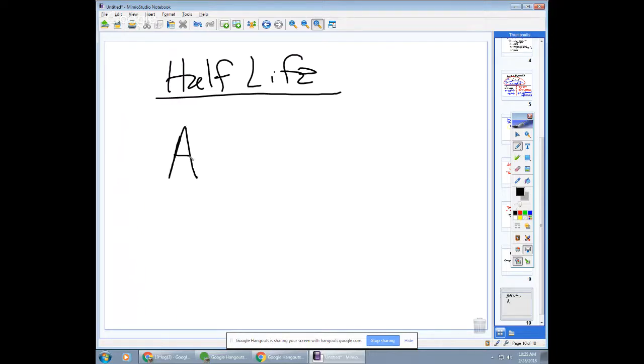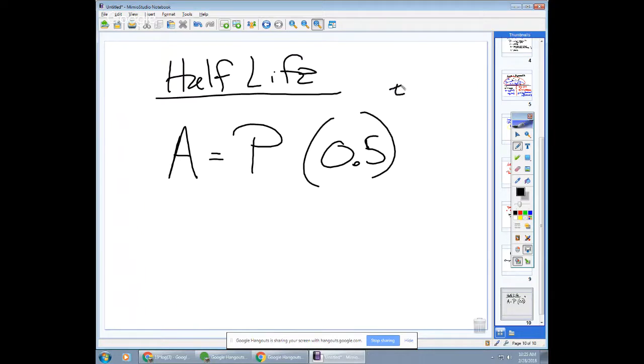And the way it works is the new amount is going to be equal to whatever the starting value, the previous amount. The base is always going to be 0.5 because I'm looking for half of what I had before. And the trick is the exponent. The exponent is always the amount of time that's gone by, but we have to divide that by whatever the half-life time is.